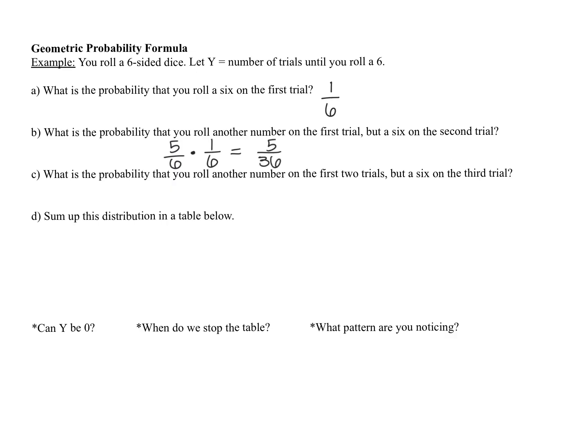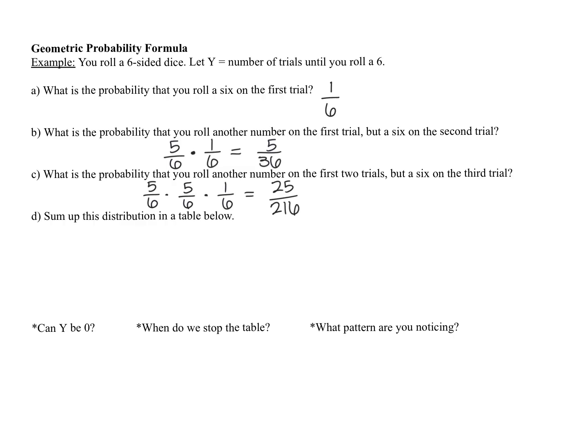If we roll another number on the first 2 trials, but a 6 on the third, we have 5 out of 6 times 5 out of 6, and then times the 1 out of 6. So that's going to be 25 over 216.